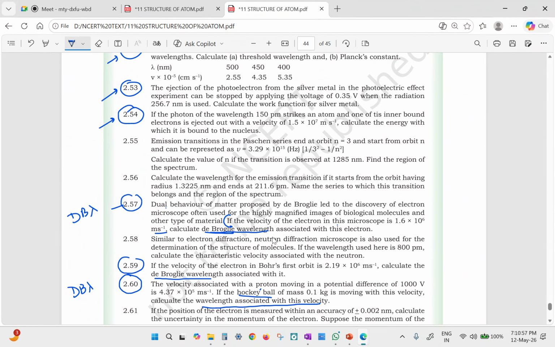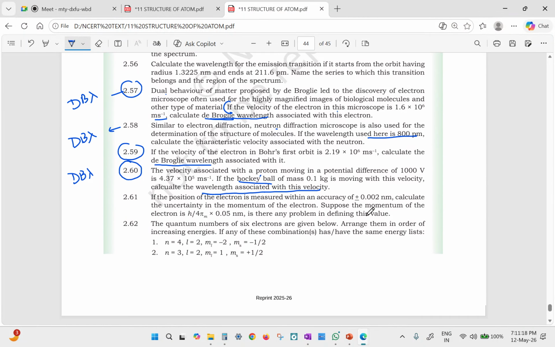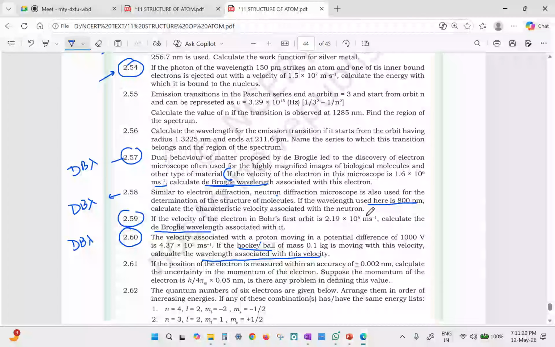Similar to electron diffraction, neutron diffraction microscopes are also used for determination. If the wavelength used here is so much, calculate the velocity associated. So this is also in the same context. So this also must be de Broglie wavelength, because the neutron is treated as a particle having some wave character.